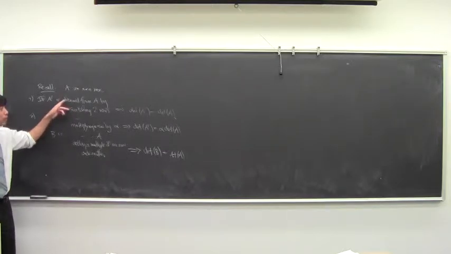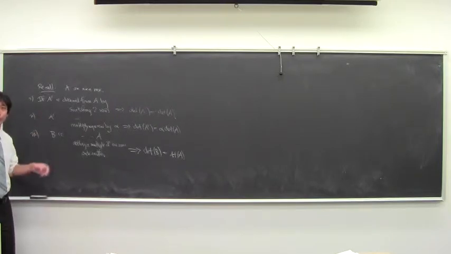We switched two rows, and then to say something about the determinant of the resulting matrix, we took the cofactor expansion down a row that wasn't one of the rows that you switched, right?